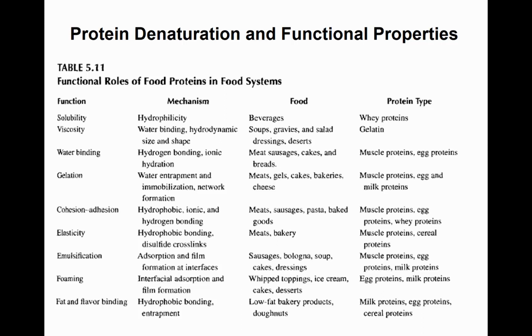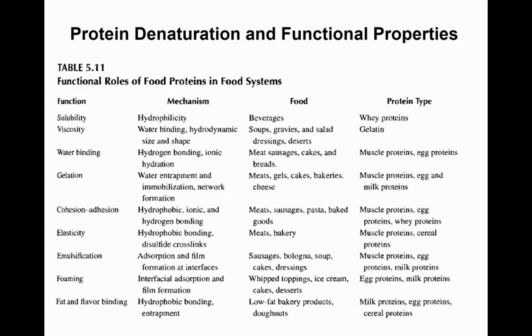This is a nice summary table that shows functionality of a protein. There are so many different functionalities. For solubility, for example, the mechanism has to do with hydrophilicity, or the liking of water, especially on the surface of the protein. The application is in protein beverages, and most protein used in such application is whey protein.